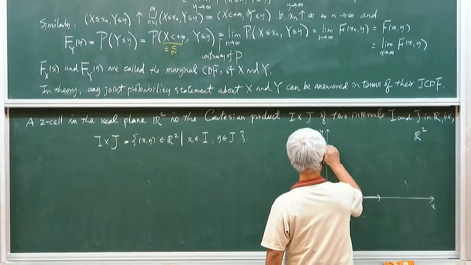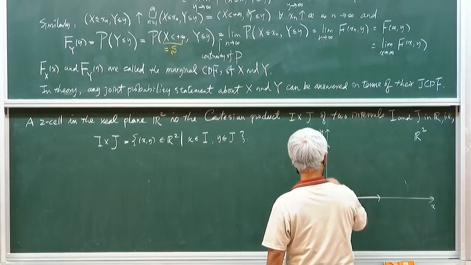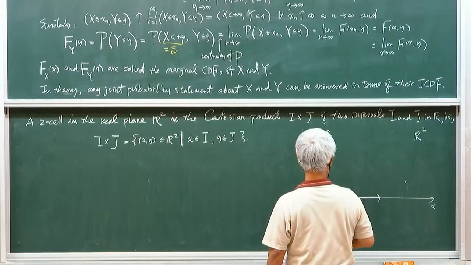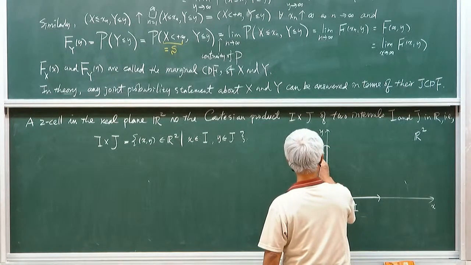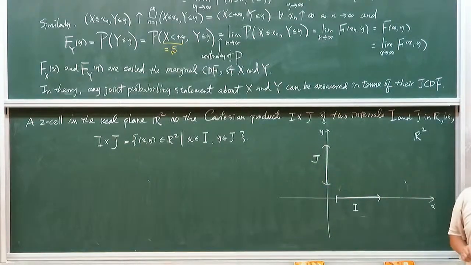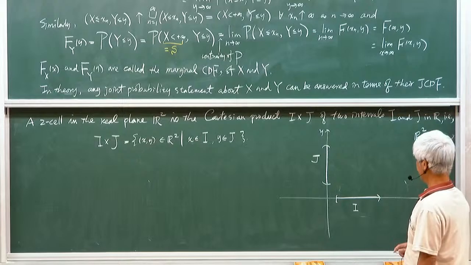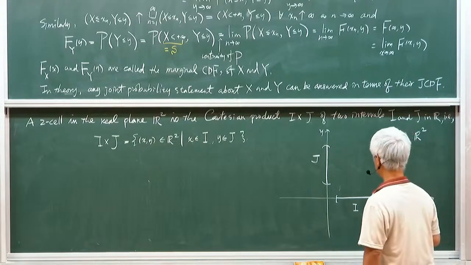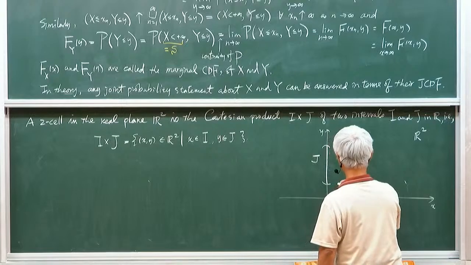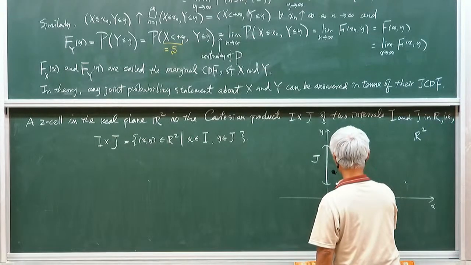And we may have another interval here, and this is J. So J is a closed interval. And the Cartesian product would be here.